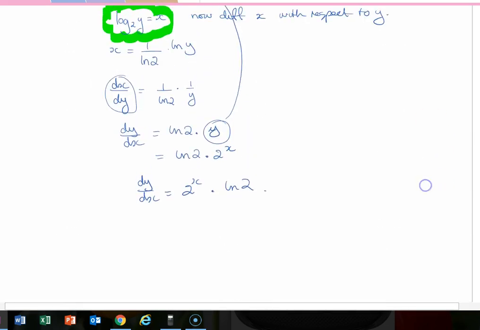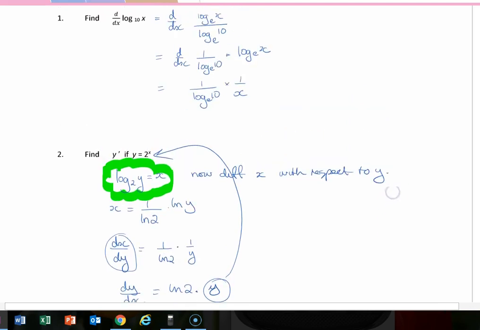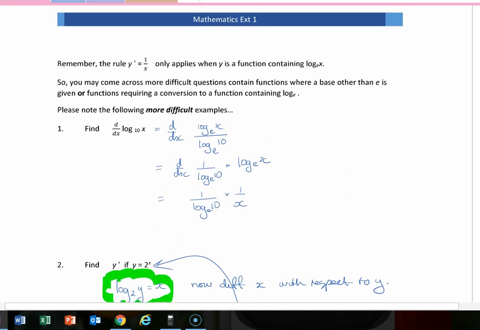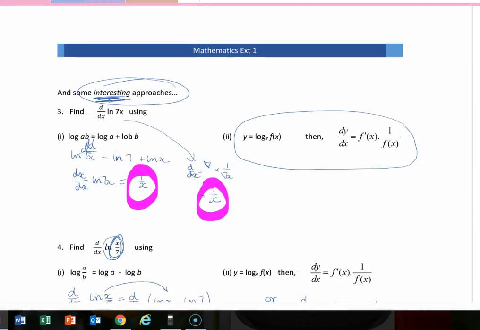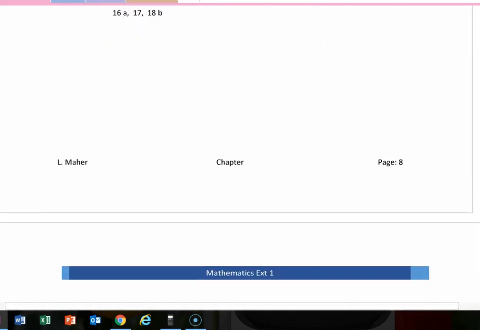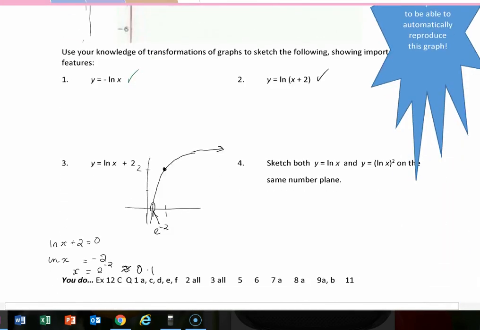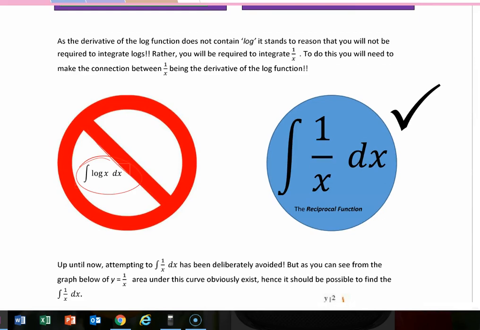Any others? That was a more difficult one. The log to base 10 is a constant times 1 on x. So, yep, there's a lot of times when you differentiate that you actually get 1 on x. So it stands to reason that if you integrate 1 on x, it would take you back to the log function.